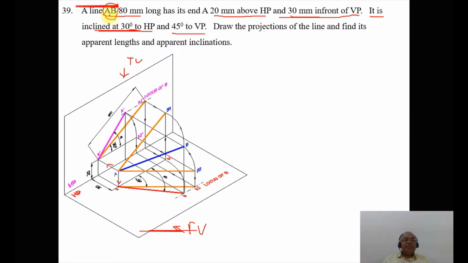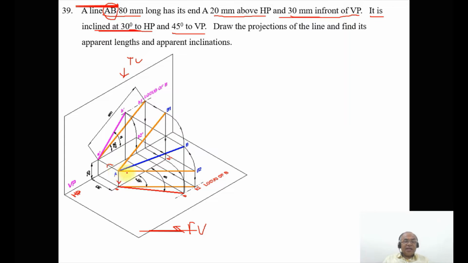And it is also inclined at 45 degrees to VP, so this is also the true length of the line. True length means the line should be parallel to HP, and it is inclined at 45 degrees to VP. That means the inclination you can see in the horizontal plane.